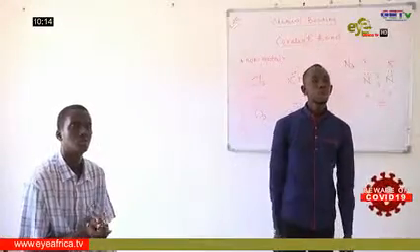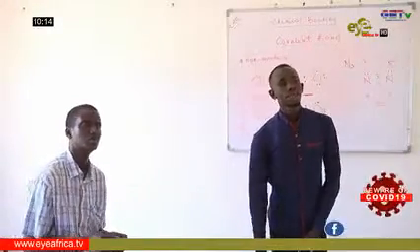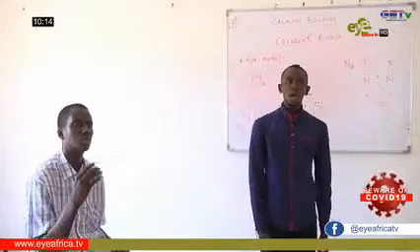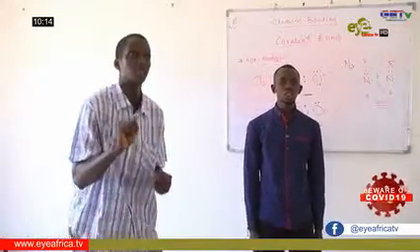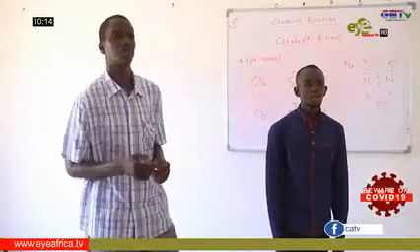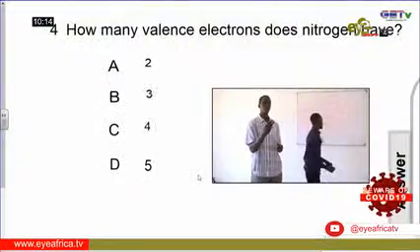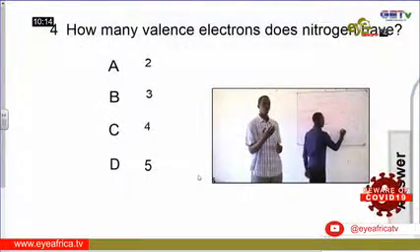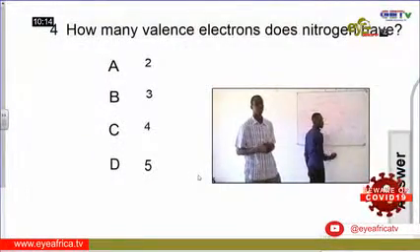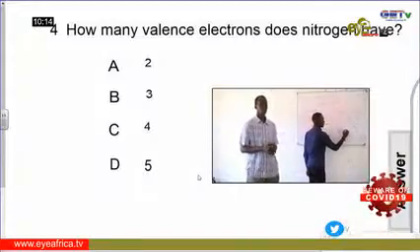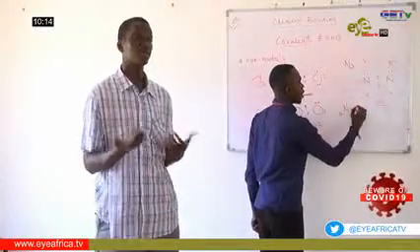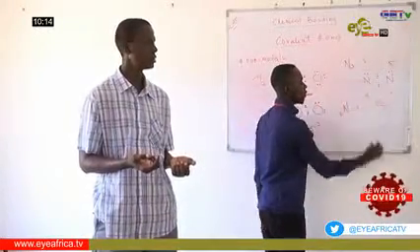Now we have some sample questions here. The first question, number 4, reads: how many valence electrons does nitrogen have? You can simply say nitrogen is atomic number 7, and here the electron configuration will be 2 and 5.